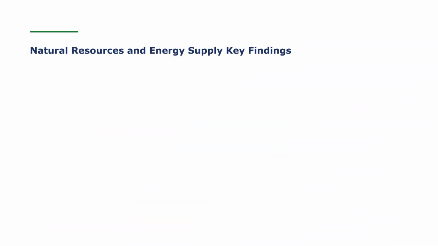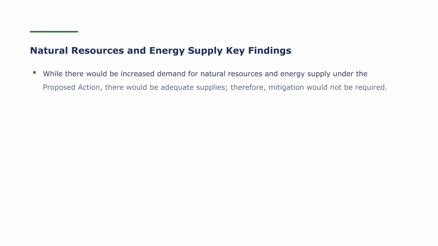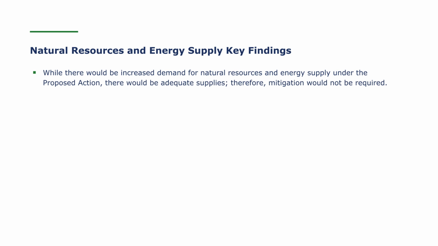Construction of the proposed action alternative would consume natural resources and energy, and the operation of O'Hare requires the consumption of electricity, natural gas, fuel oil, aviation fuel, diesel fuel, and gasoline. While there would be an increased demand under the proposed action alternative, there are adequate supplies of natural resources and energy to accommodate this demand, and no mitigation would be required.